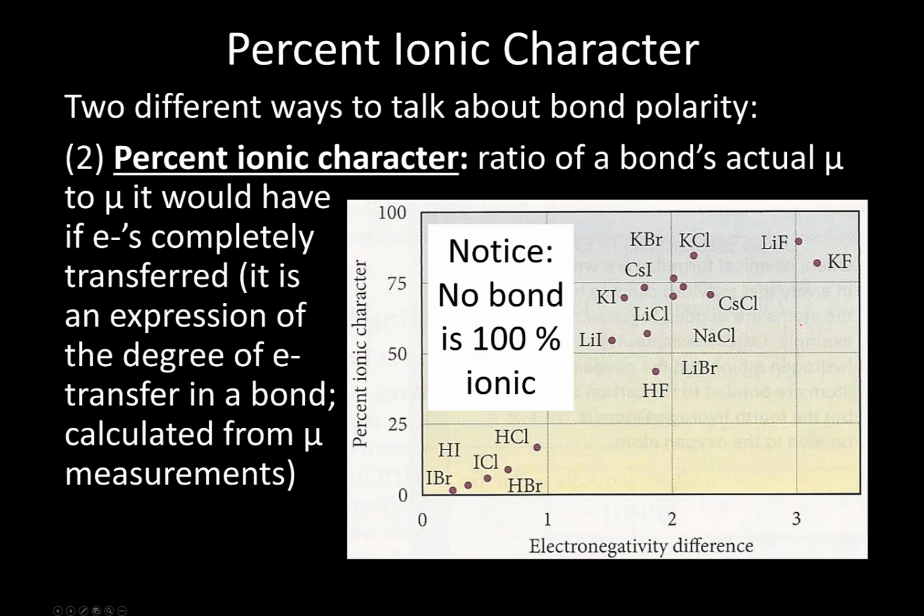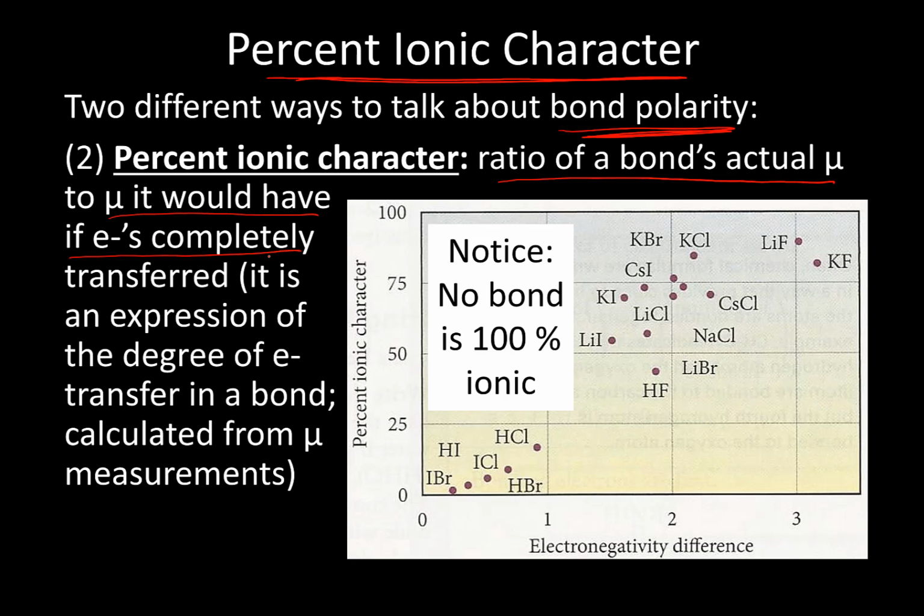Another way that electronegativity difference is talked about is as percent ionic character. So this is the second way to talk about bond polarity. Percent ionic character is technically defined as the ratio of a bond's actual dipole moment to the dipole moment it would have if electrons completely transferred.